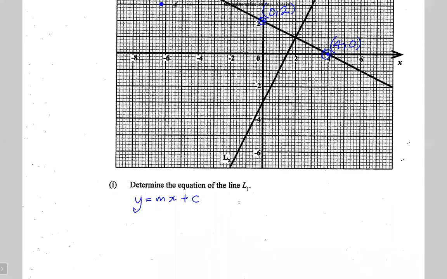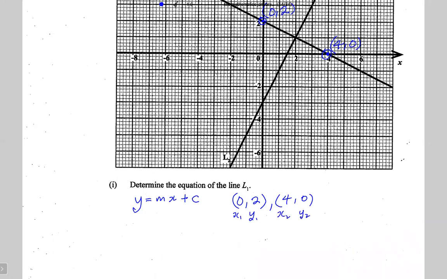Those are 2 points on the line L1 that was given. We could have used any 2 other points, since the gradient of a straight line is a constant. So I could call this x1, y1, and call this x2, y2.